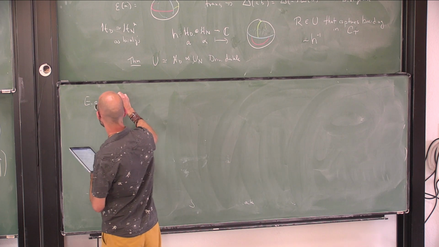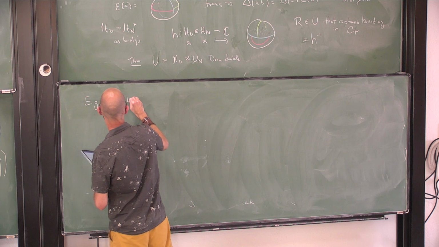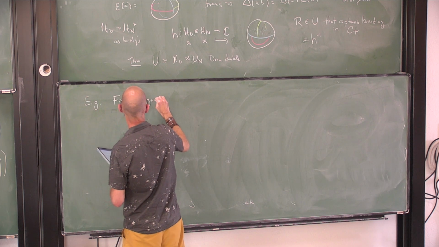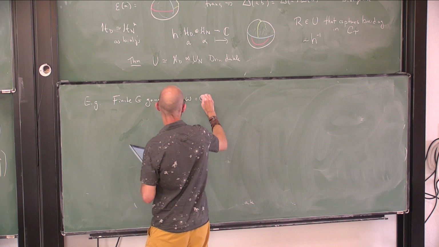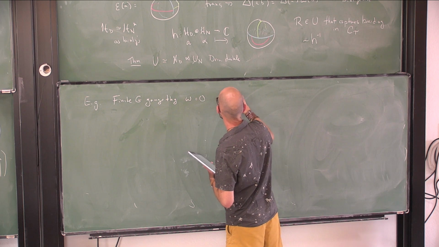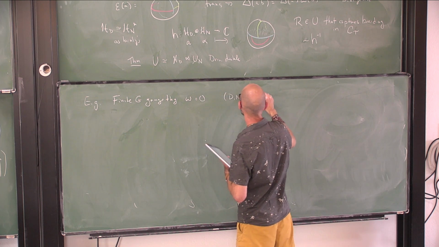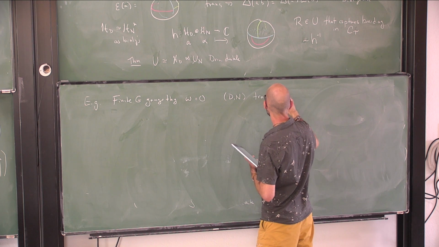If you consider finite gauge theory with trivial cocycle, then both N and D exist. They're transverse and complete.